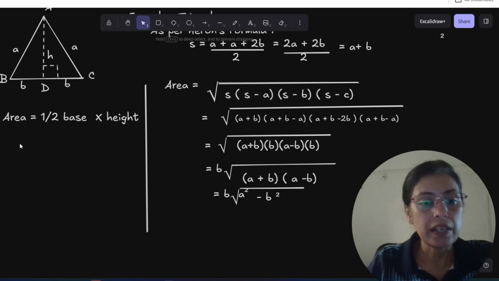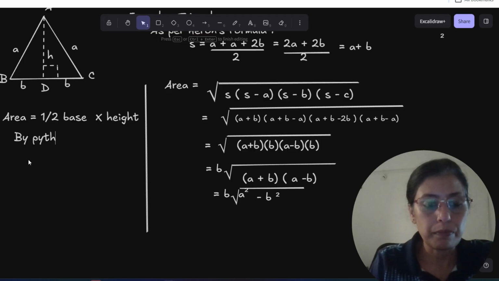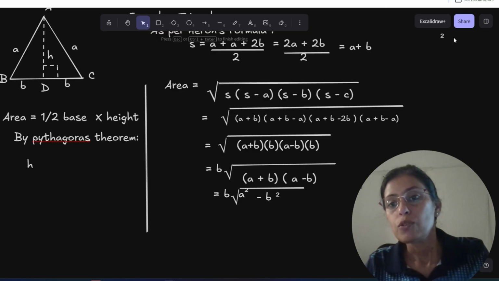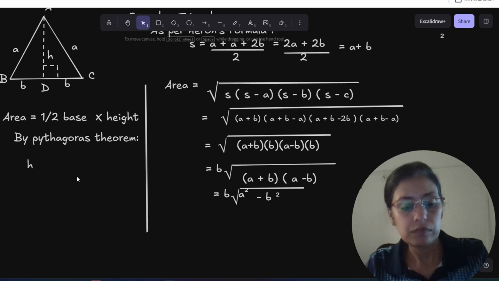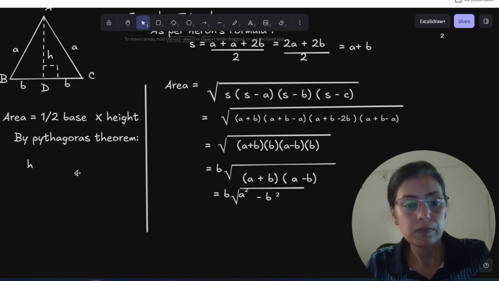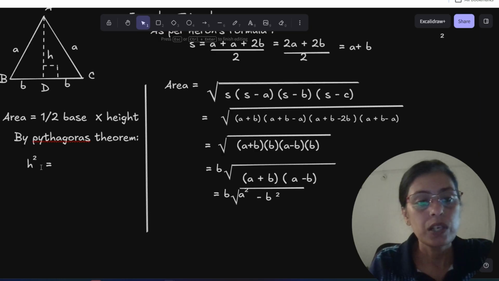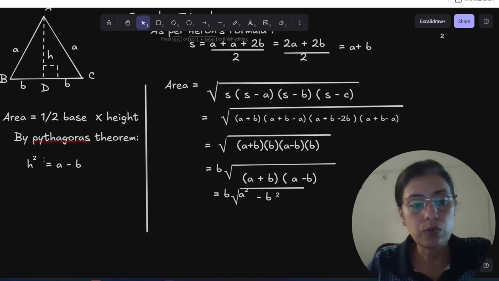So by Pythagoras theorem, we can say H square is equal to A square, which is the hypotenuse square, minus side square, which is the B square.